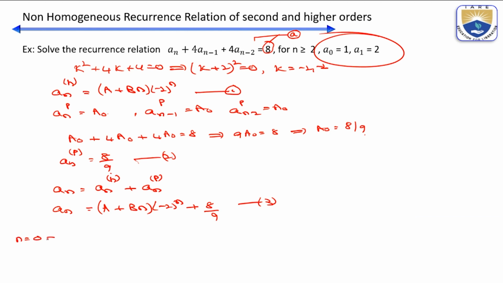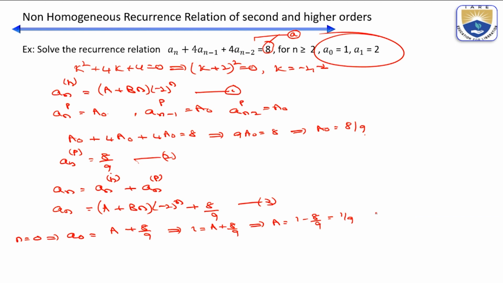If n is equal to 0, then a naught is equal to A times 1 plus 8 by 9, since minus 2 to the power of 0 is 1 and the B term is 0. A naught is already given as 1, so 1 equals A plus 8 by 9. Then A equals 1 minus 8 by 9, so A is 1 by 9.